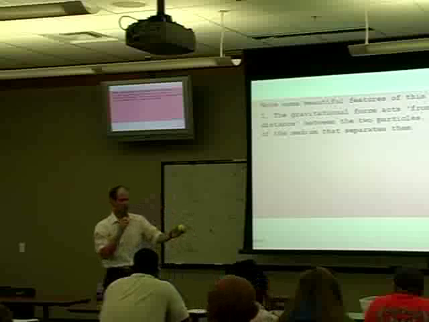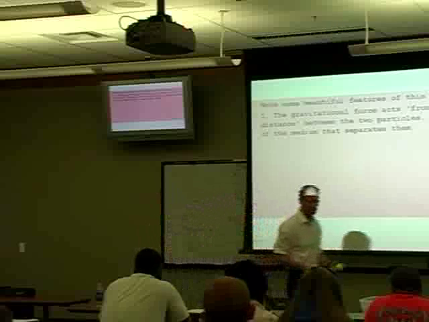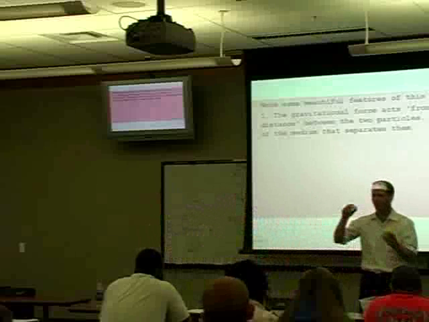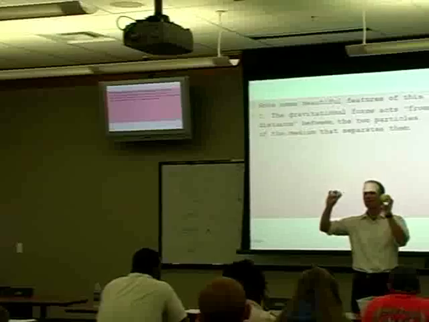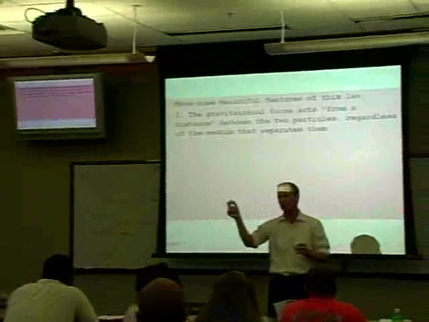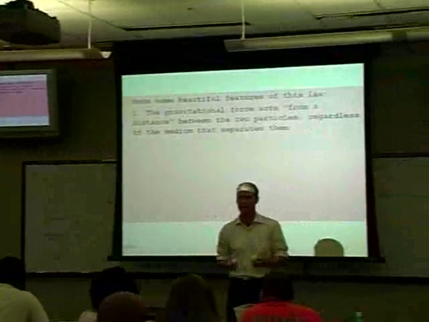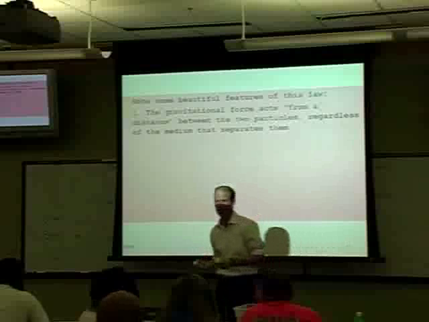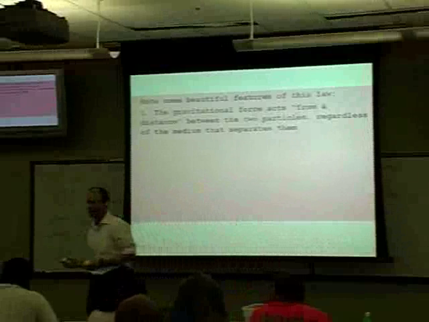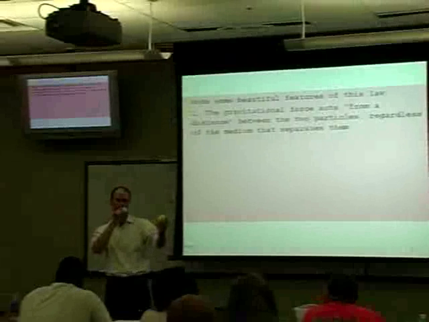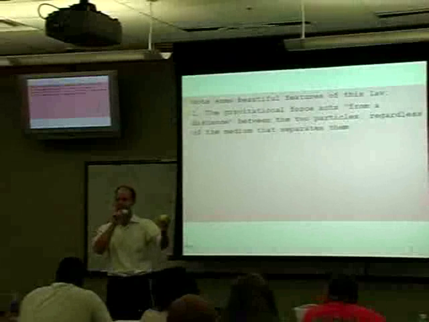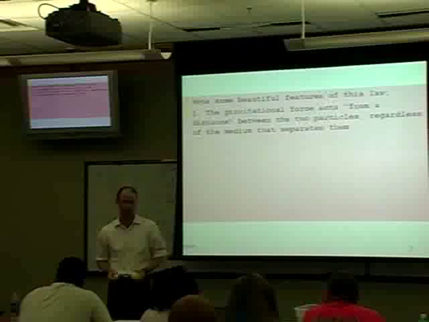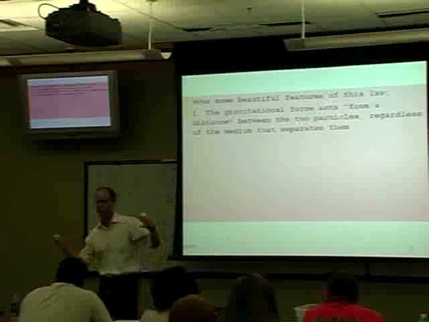Now it acts from a distance, so if something came in between, like the moon. Let's say the moon is going around the Earth like this, and from time to time we have a solar eclipse. So from time to time the moon will be exactly between the Earth and the sun. When the moon does that, it does not shut gravity off. Right? So it doesn't block gravity, so to speak.